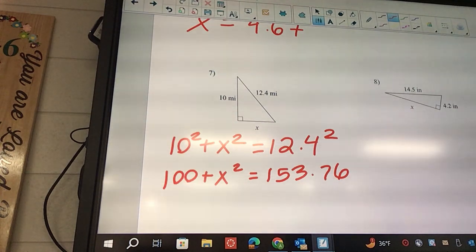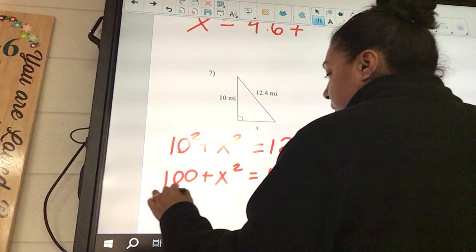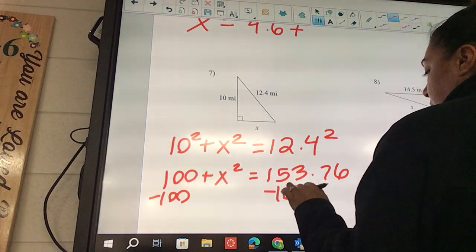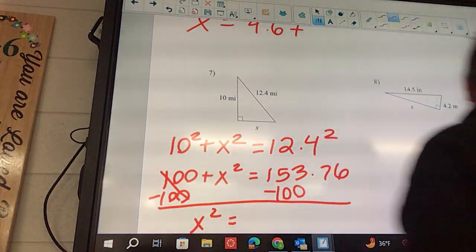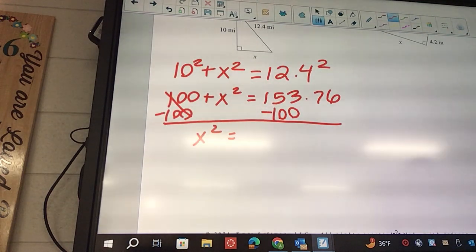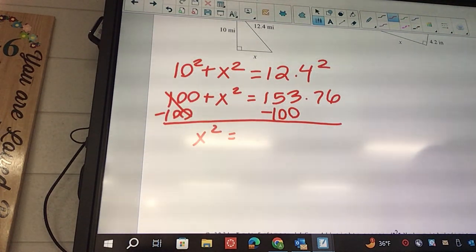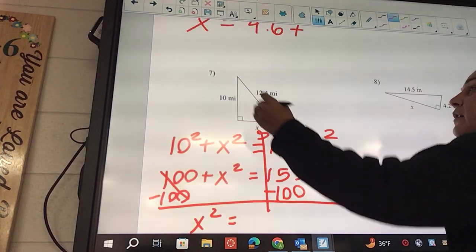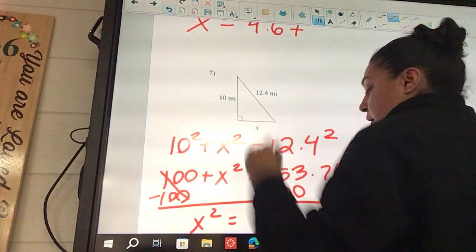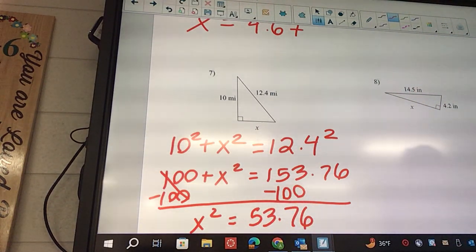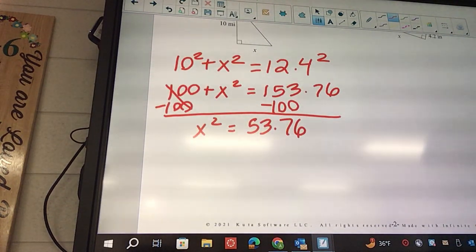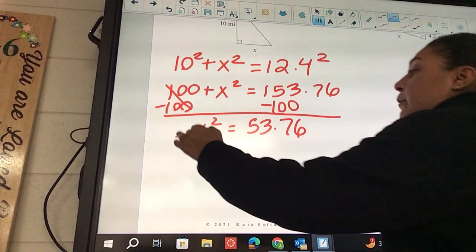Okay, and then we're going to subtract 100 from both sides. Okay, what is 153.76 minus 100? 53.76. Okay, and then we're going to square root both sides.